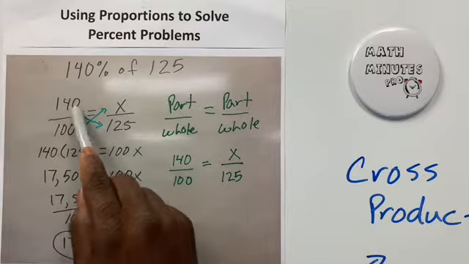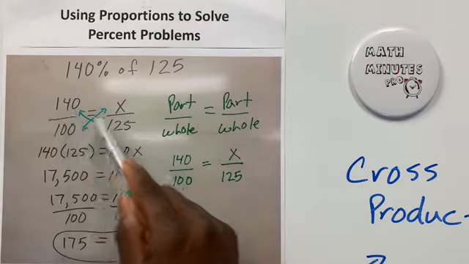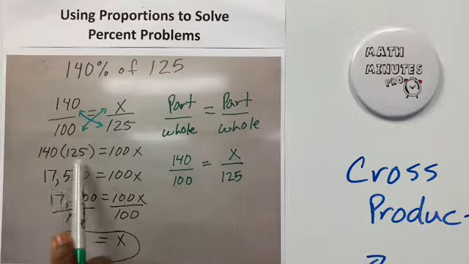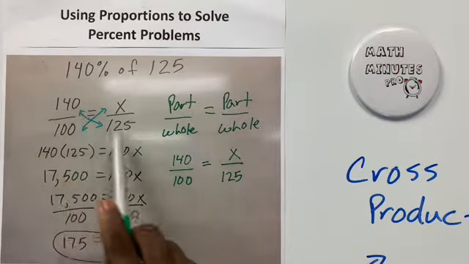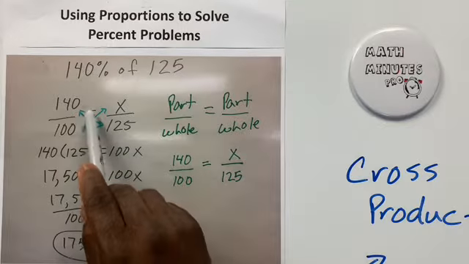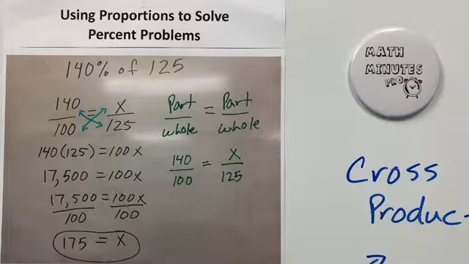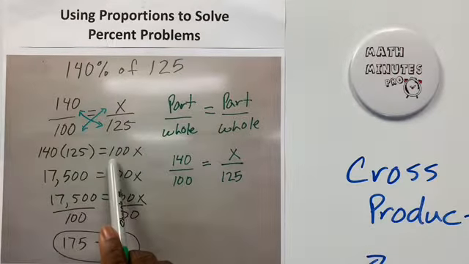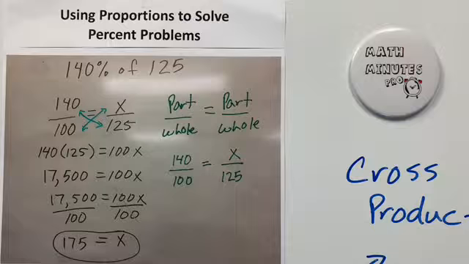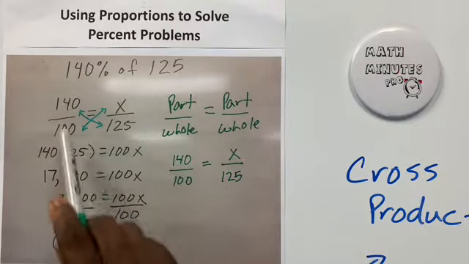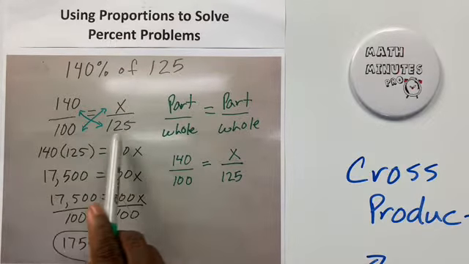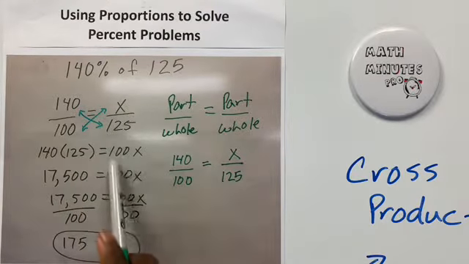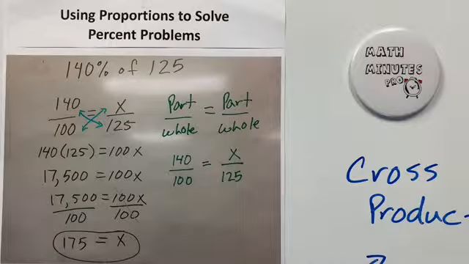You draw a line from this numerator to this denominator, and then you write 140 times 125. This implies multiplication of these two numbers. Bring down the equal sign right there. Then you draw a line from 100 to X and you write 100 times X. So this cross product implies that we're doing 140 times 125 equals 100 times X. And that's what we have right there.